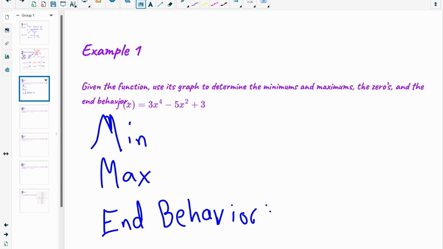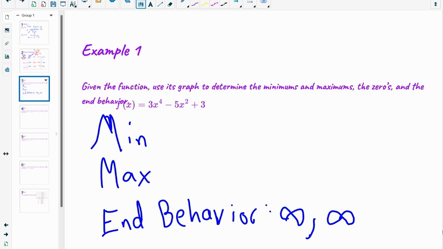The lead coefficient is positive, which means our end behaviors, the limits, will both be positive infinity.